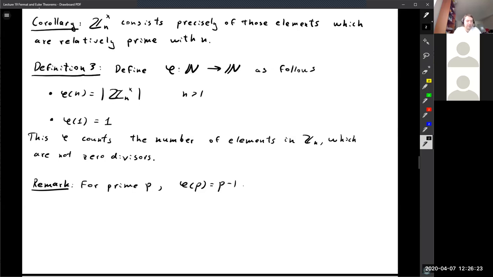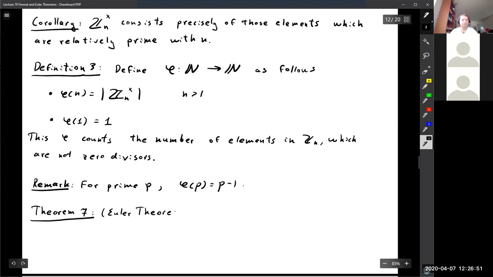Okay, and now we're basically ready to prove the theorem, which will be probably Theorem 7. And that's Euler's theorem.